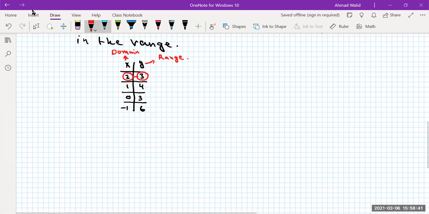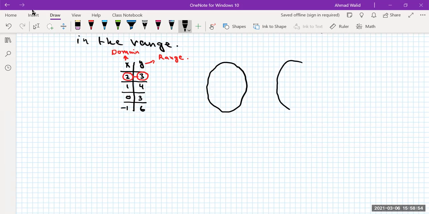If I draw a diagram for you, representing this table as a Venn diagram, this is your set X, this is Y. In X you have 2, 1, 0, -1.